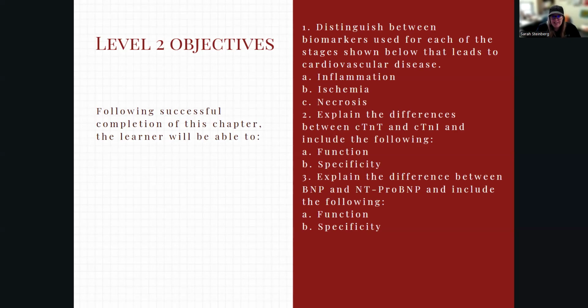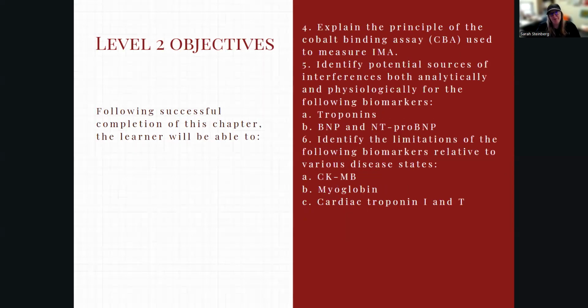Explain the difference between BNP and NT-proBNP and include the following: function and specificity. We will definitely talk about all of these again as we actually get into the chapter. Explain the principle of the cobalt binding assay, or CBA, used to measure IMA.